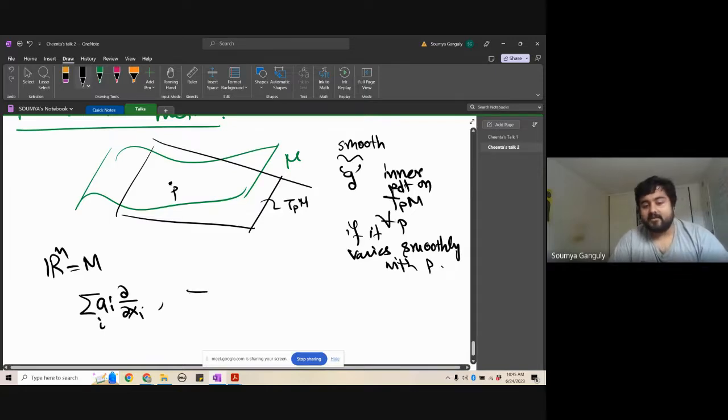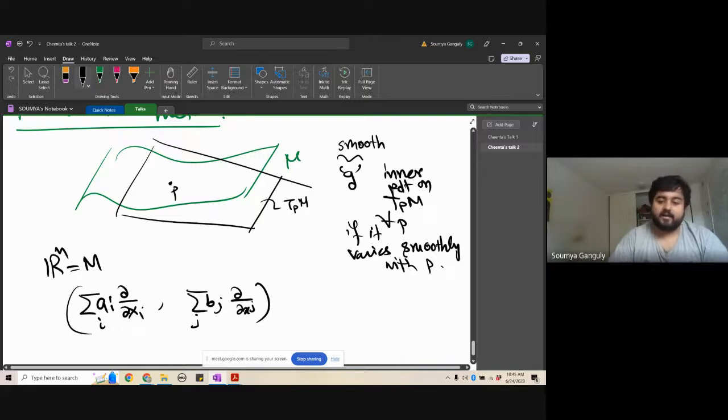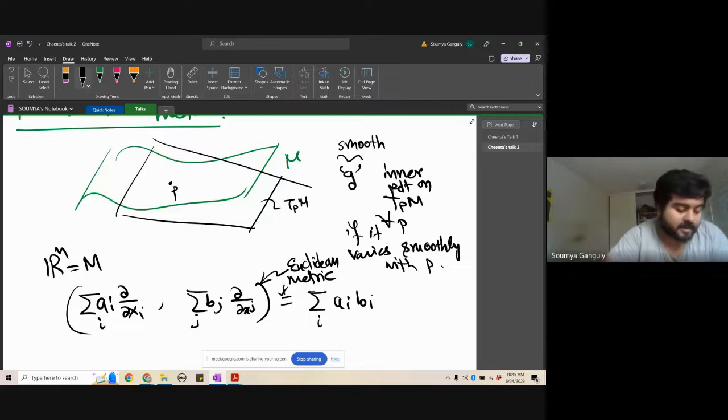Then suppose you have another vector and you want to take their dot product at every point. How do you do that? Well, just in the usual way of taking the dot product of two vectors in Rn. So this dot product defined in this way is called the Euclidean metric, which is the metric on which Euclidean geometry depends.